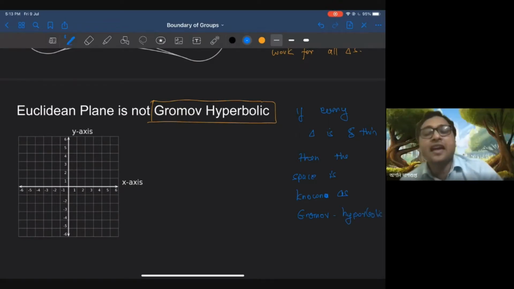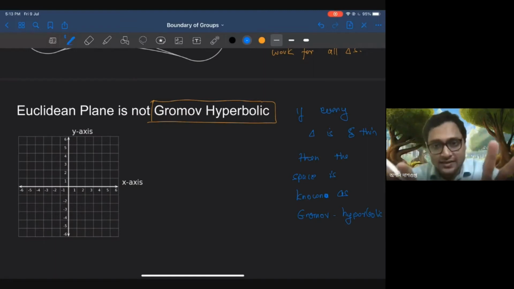So if every triangle that you have has this beautiful property, that a delta neighborhood of two of the sides contains the third side, if every triangle in your space has this property, then we call that particular space Gromov hyperbolic.